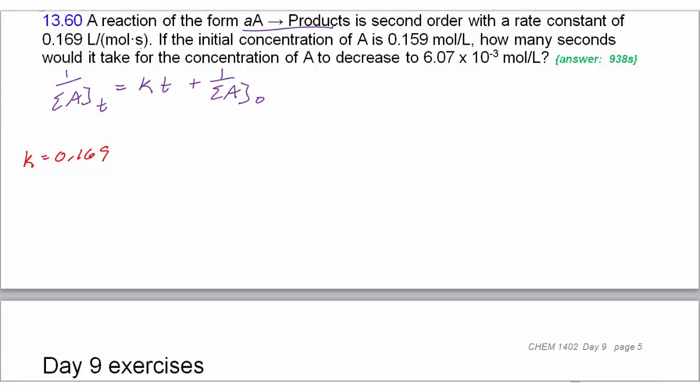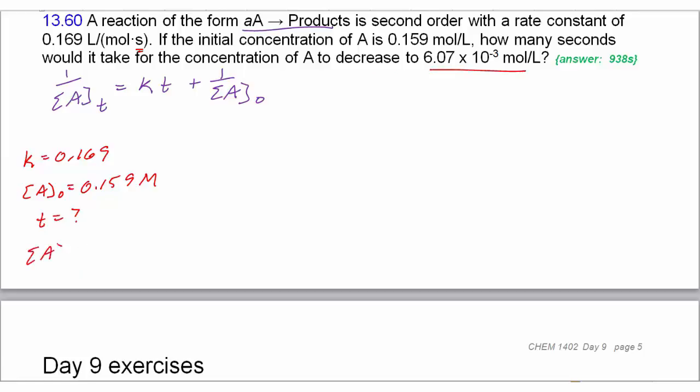It's in seconds. The initial concentration is 0.159 molar. How many seconds, so t equals question mark, would it take for you to get all the way down to 6 times 10 to the negative 3 molar?